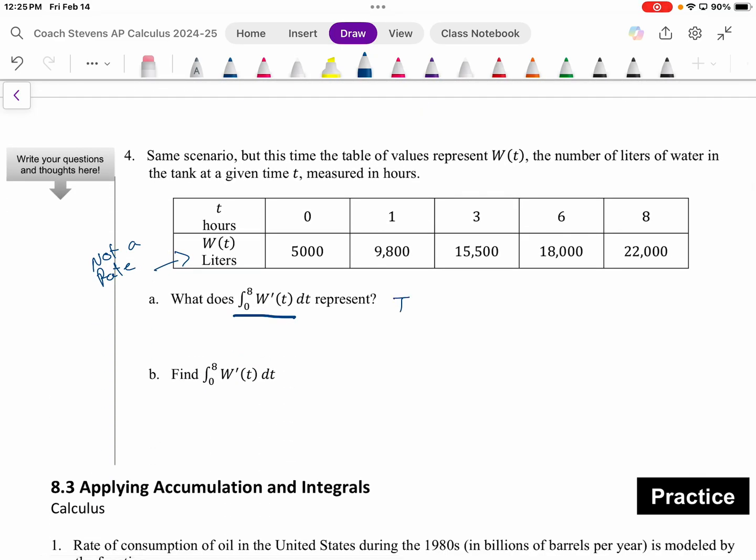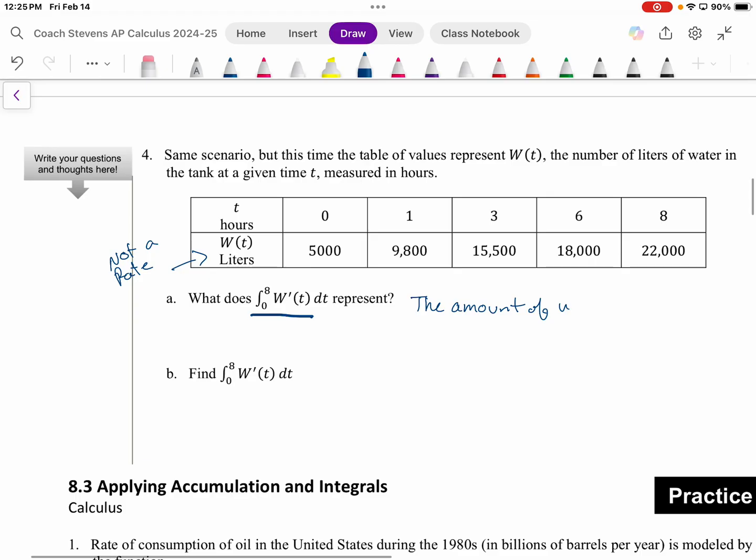It's the amount of water that is pumped into the tank, I want to say pool, I'm just thinking of pool, sorry, tank, over the 8-hour period.